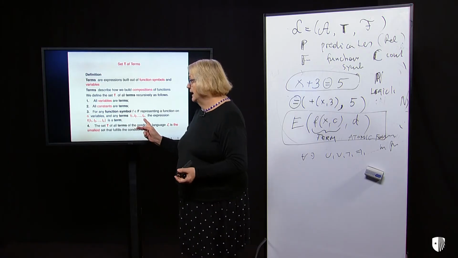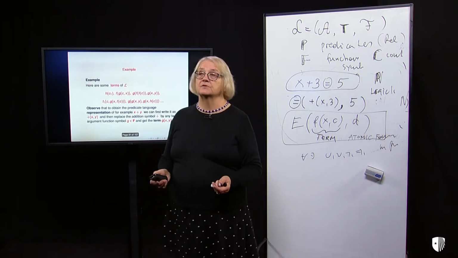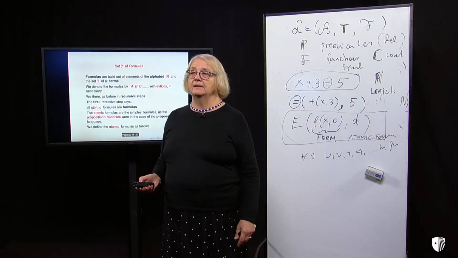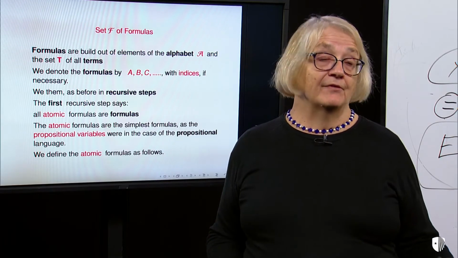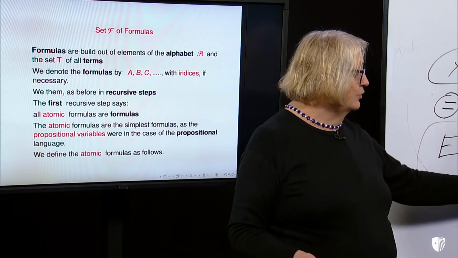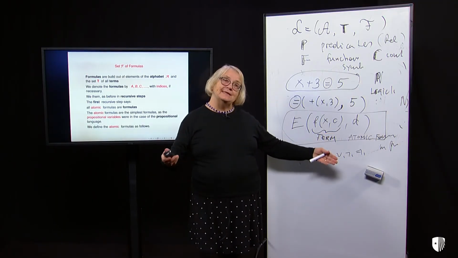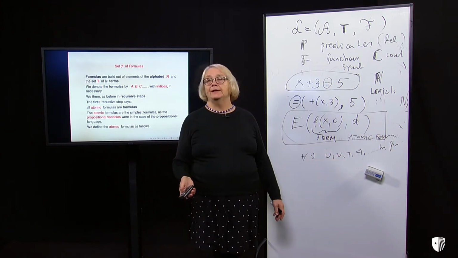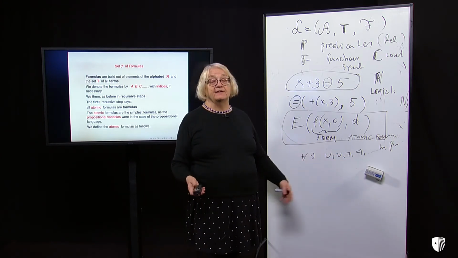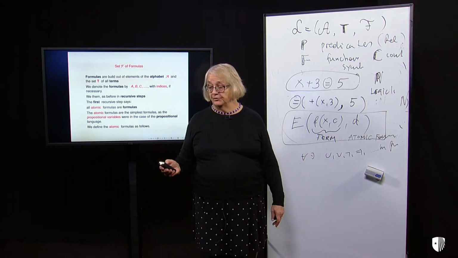So here you have n terms if f is an n-argument functional symbol, and you have some examples. And formulas, as I already said, we need to have atomic formulas, and then we use, as we did before, all propositional connectives and quantifiers to form the set of all formulas.